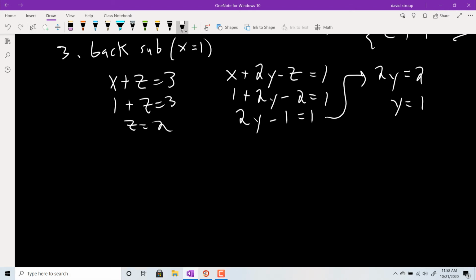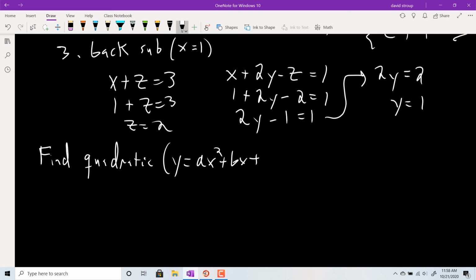Okay, so hopefully that'll be good enough, and that'll get you through on your way to getting the problems done. Let's look at one of the applications I like. Basically, if you know 3 points, you can create the equation of a parabola that passes through the 3 points. So in these questions, they're going to want you to find the quadratic, and of course that means the parabola y equals ax squared plus bx plus c, which passes through the points given.